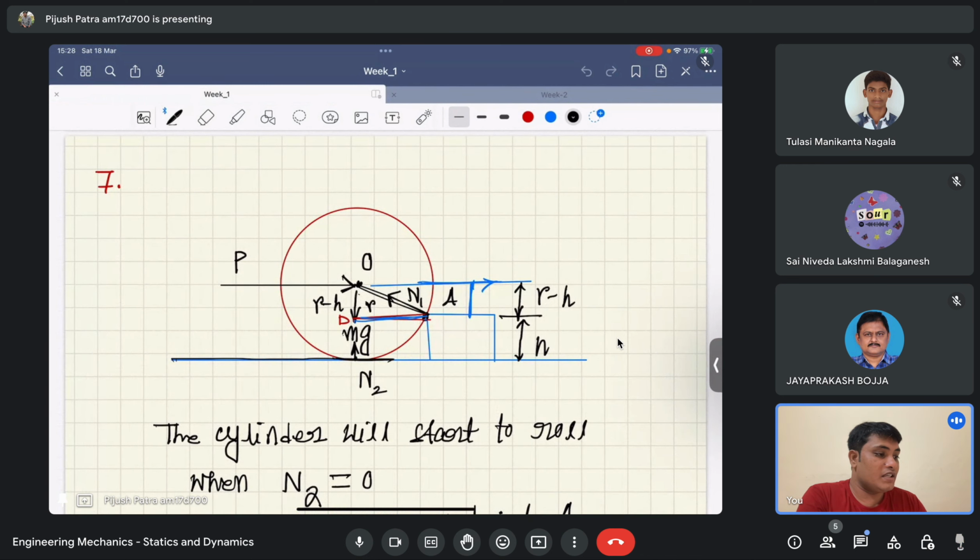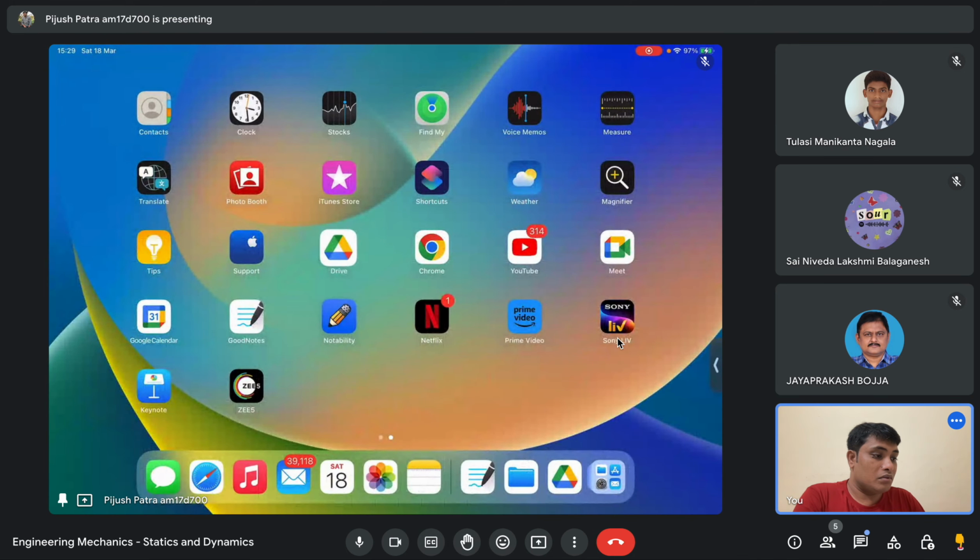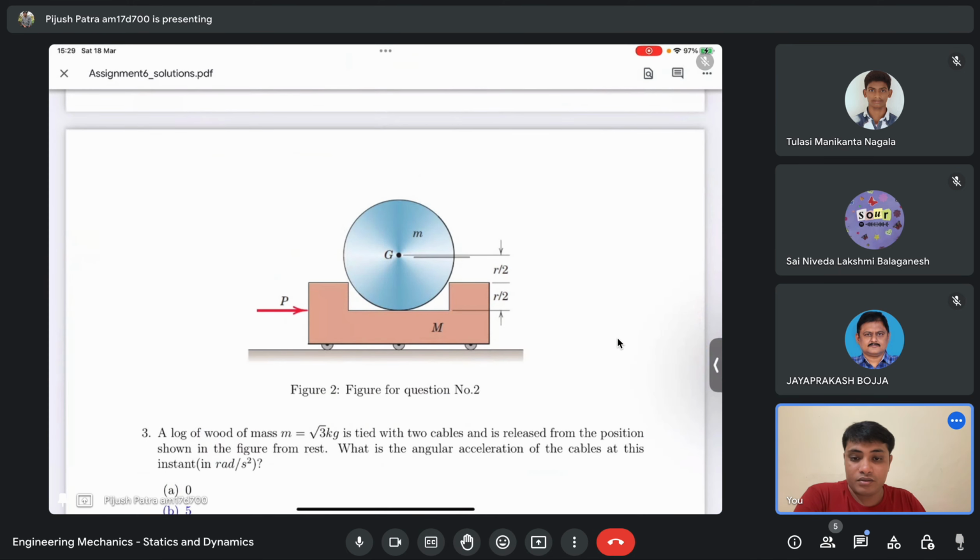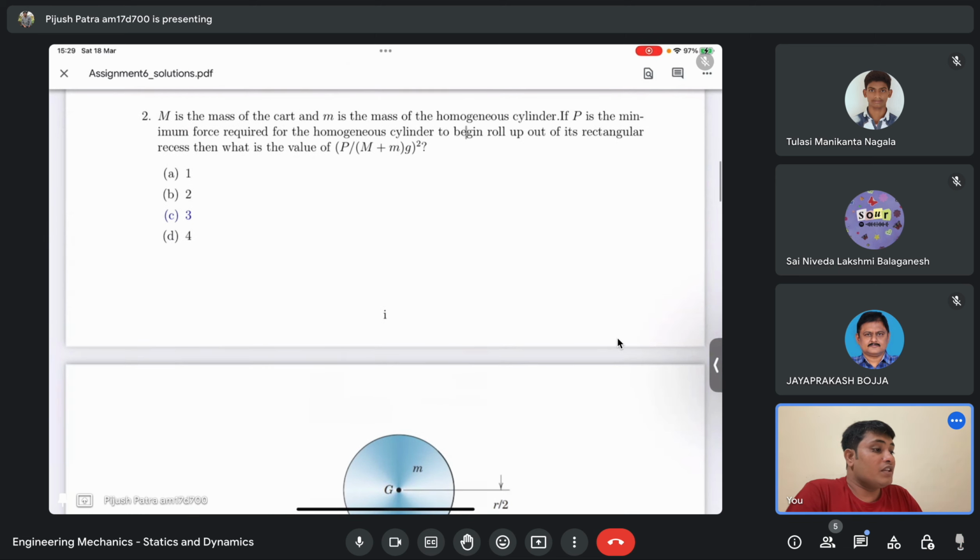Now here it has an obstacle, but you are forcing the cylinder here to make it go through, but there it's in a rectangular recess, and you are accelerating the entire recess. You are applying the force on the recess, not on the roller. So what do you expect? The question is the same: it will begin to roll off out of the rectangular recess.